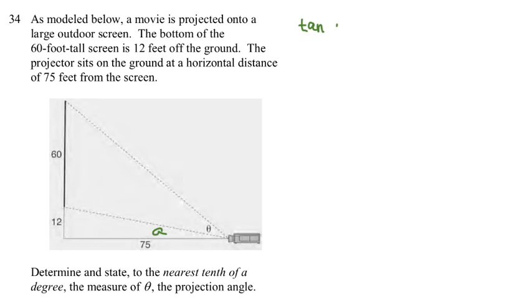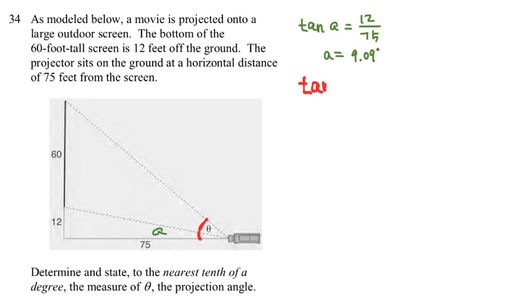First, let's call the smaller angle on the bottom A. And then the bigger angle is theta. That's already given to us. Then we consider tangent of A from the smaller triangle is 12 over 75, which means angle A becomes 9.09. But in order for us to get angle theta, we have to get the tangent of the entire figure.